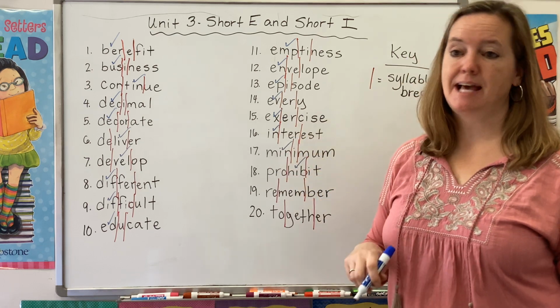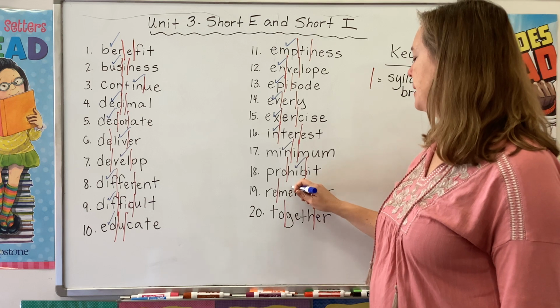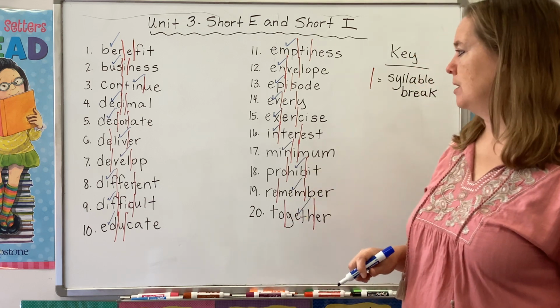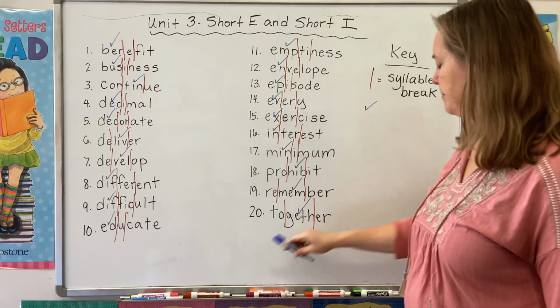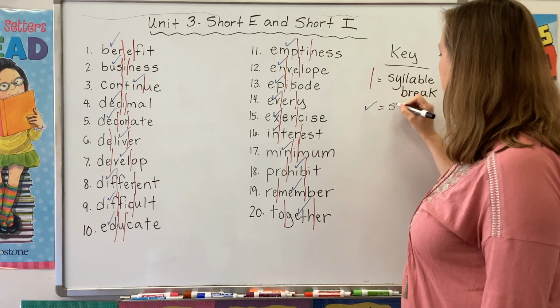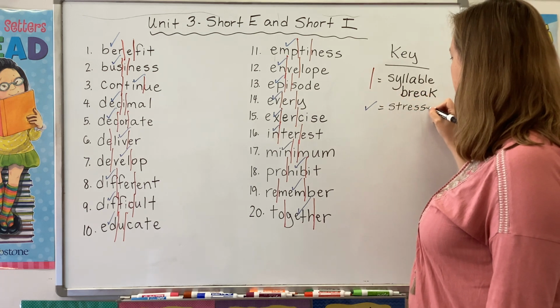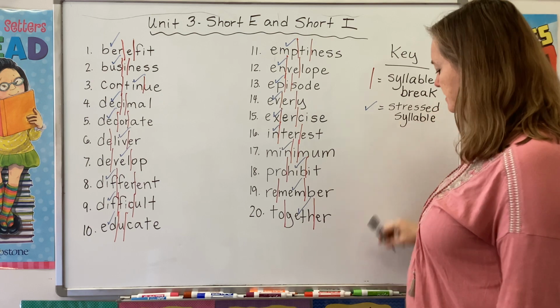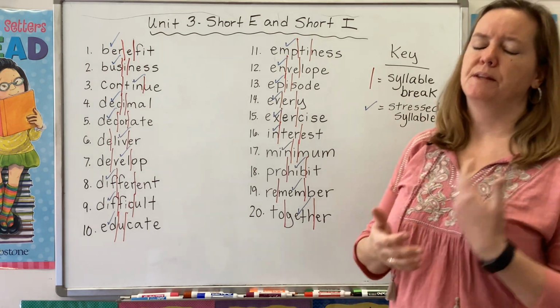Prohibit. This time it's the second syllable. Remember. Together. All right, in our key, blue check equals stressed syllable. That's the syllable we say a little louder with a little more power.